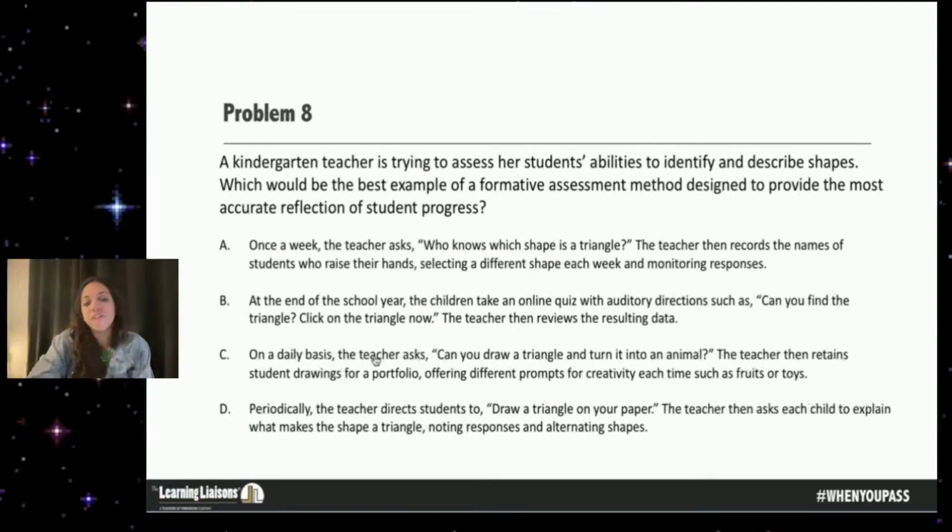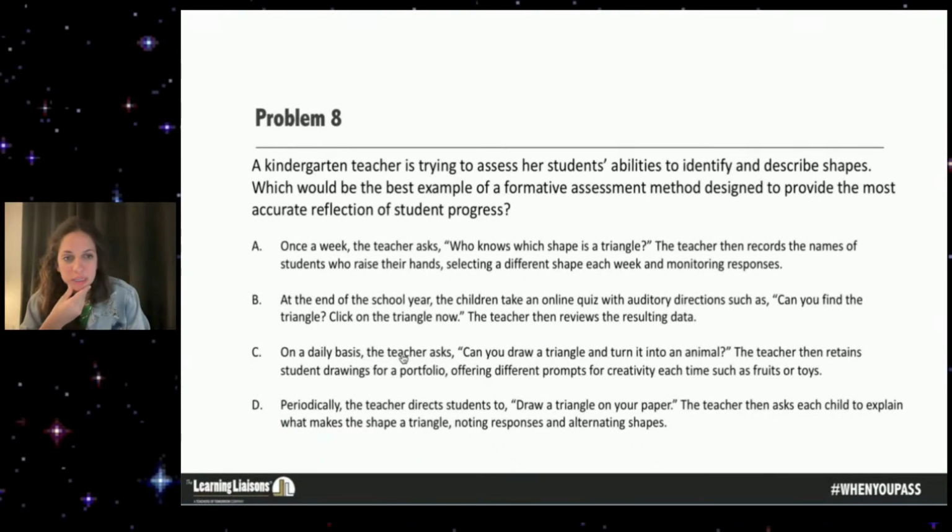Okay. Before we read these answer choices, I'm going to think about what it is asking me, because sometimes I really struggle with comprehension when it's this kind of problem. So we read this problem and we ask, what did it just ask me? What is the kindergarten teacher trying to do?